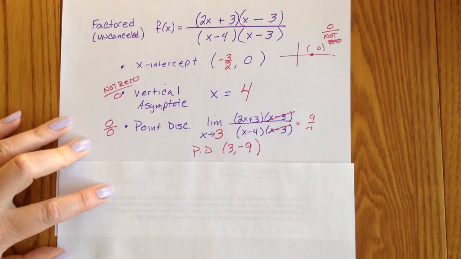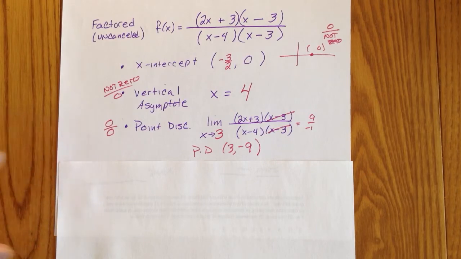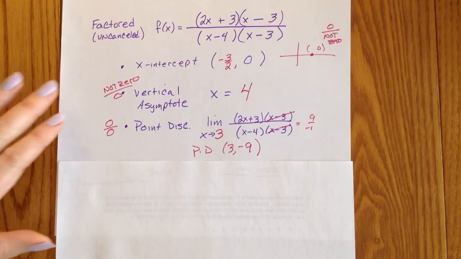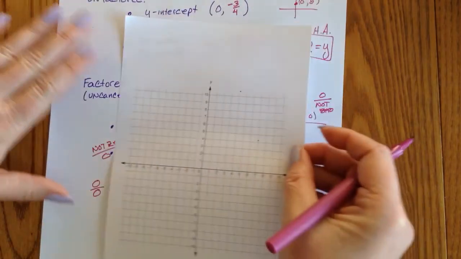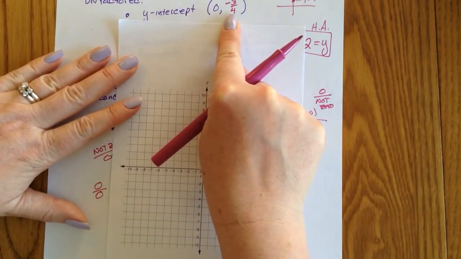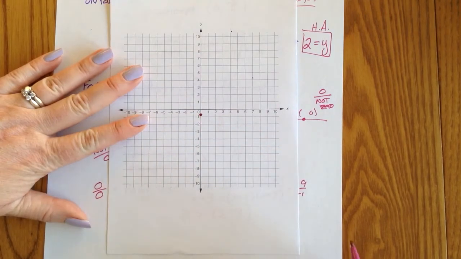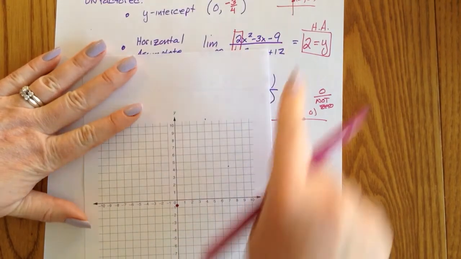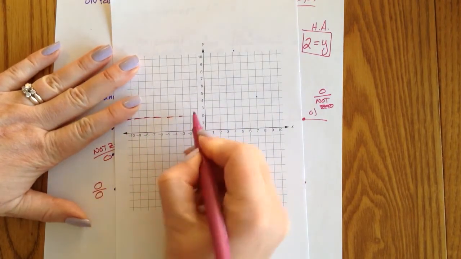Okay, corn children. Now, here's what we're going to do. We're going to take all of this information, put it all together, and sketch this. No calculator. Now, of course, you can verify all of it with a calculator, but we're going to do it without a calculator. All right, so from the top, we have a y-intercept of 0, -3/4. Easy enough. We have a horizontal asymptote at y equals 2.